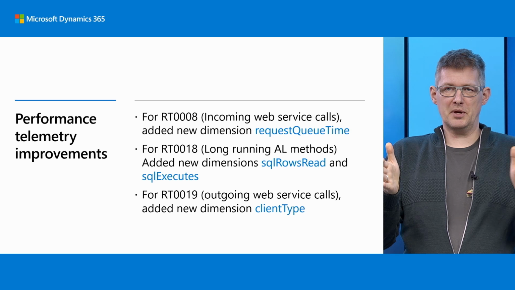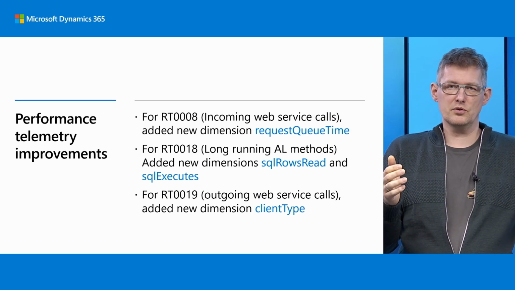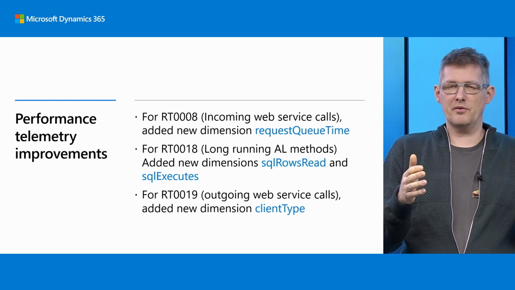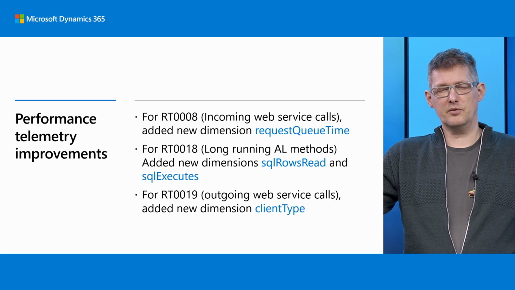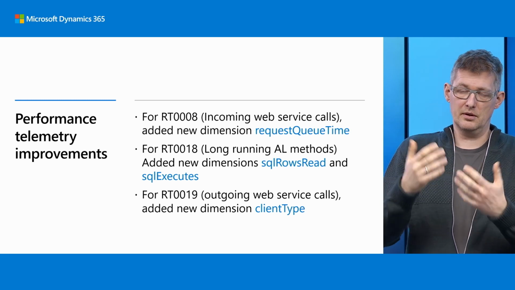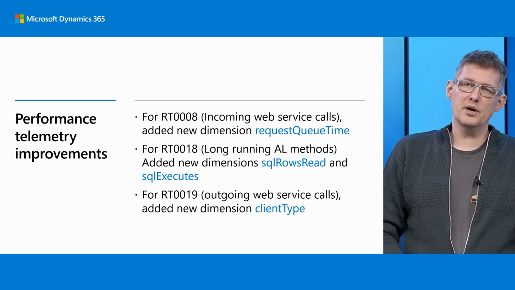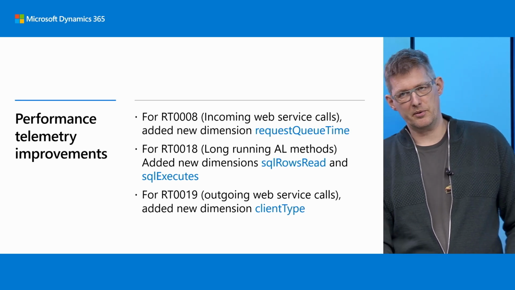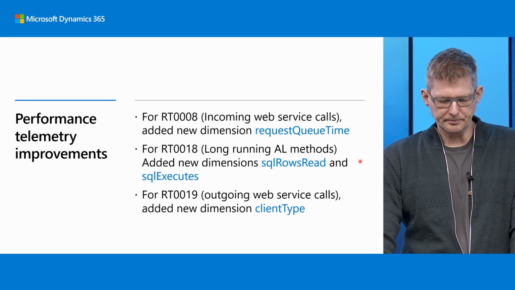If you're sending a lot of web service calls, you might spend some of your performance time in the queue before you actually start running. With 22.0, we tell you the time you spend in the request queue. That's the first part here, the request queue time.